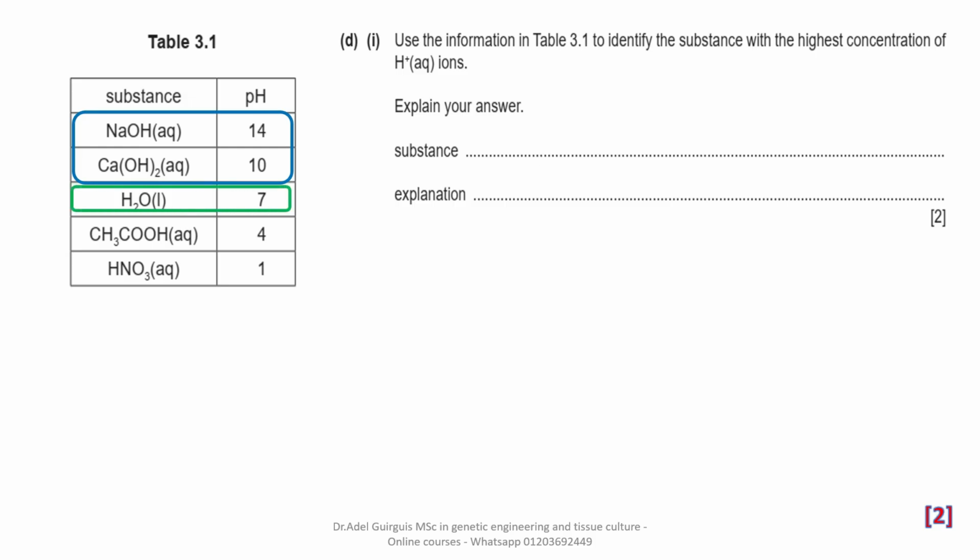H2O is neutral with pH 7, while the last 2 substances, ethanoic and nitric acid, are acids. So acids donate protons. Which one of them? Here are 2 acids, ethanoic and nitric. Which one releases more protons in solution? Ethanoic with pH 4 or nitric acid with pH 1?